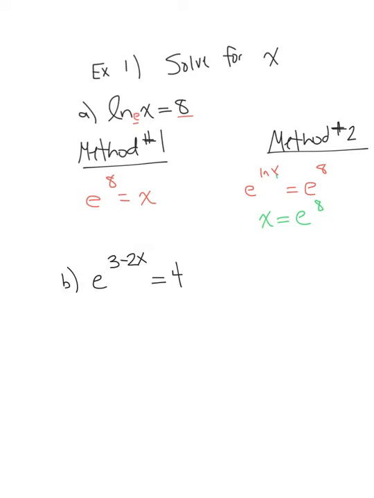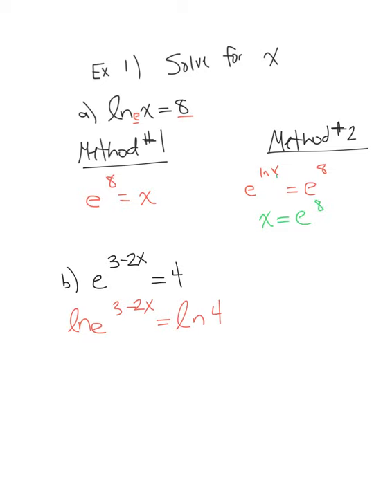Now looking at this example, I have e to the power of 3 minus 2x equals 4. If I take the ln of both sides, keeping in mind that ln and e cancel each other out, I would get ln of e to the 3 minus 2x is equal to ln of 4. And I'm allowed to do that. I did that to the left and right hand side, so I'm not really changing anything.